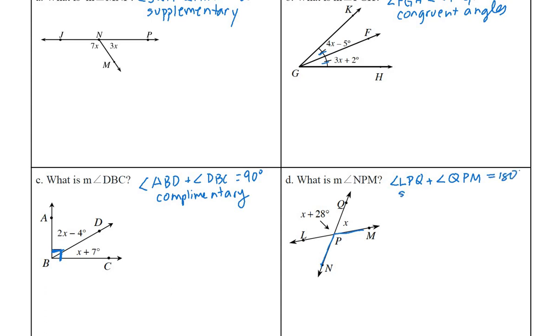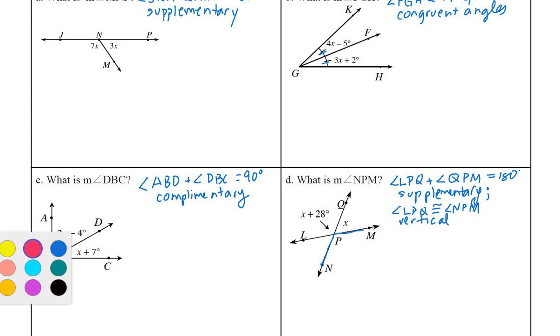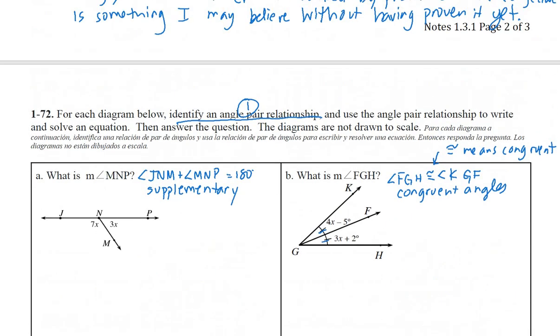It's a straight line. Next, I notice that angle LPQ should be congruent to angle NPM because they are vertical. So now I've named all of my angle conditions. Pick another color, and let's do this next part.